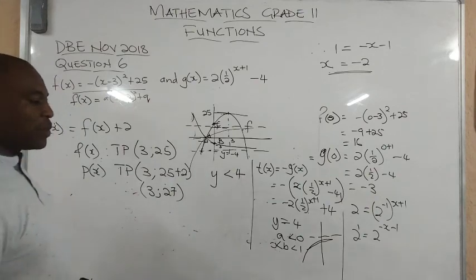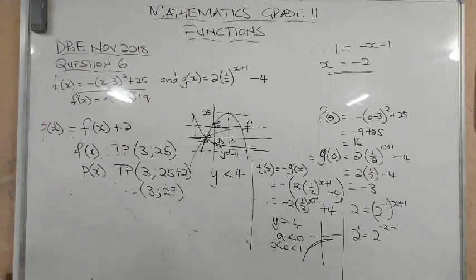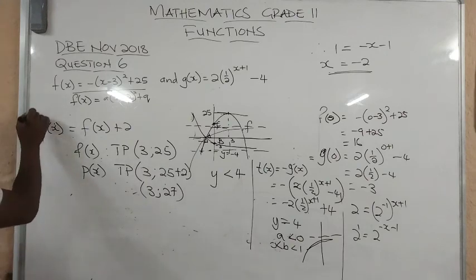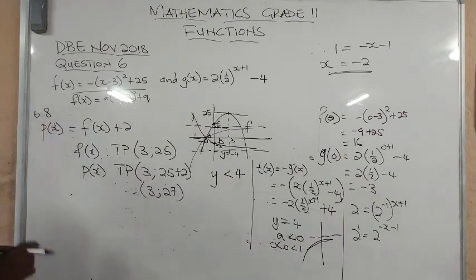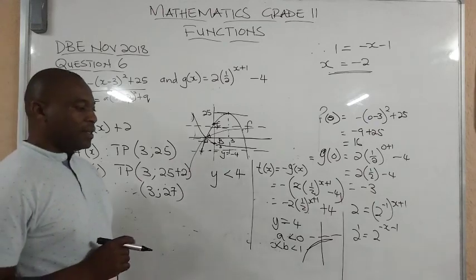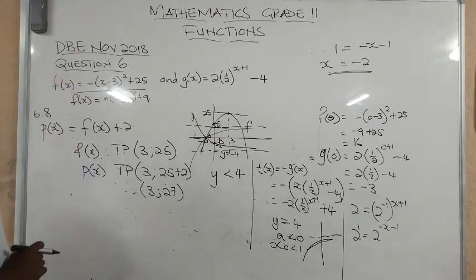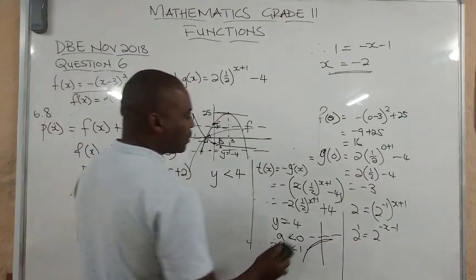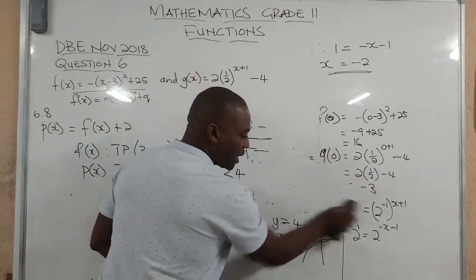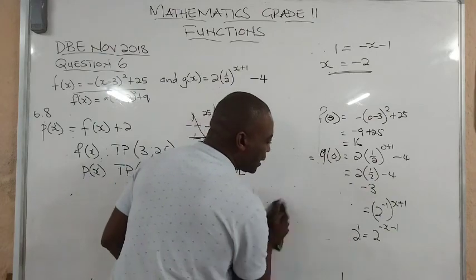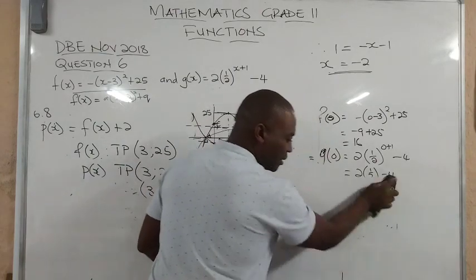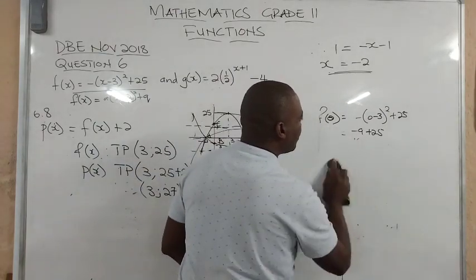Then the last question, 6.9. Determine the value of k for which the straight line y is equal to 2x plus k will be a tangent of f.